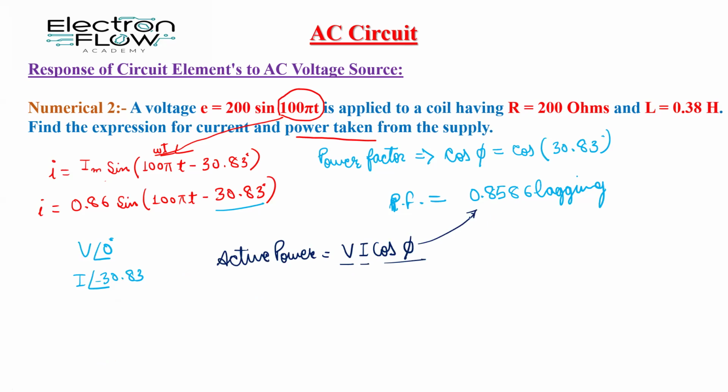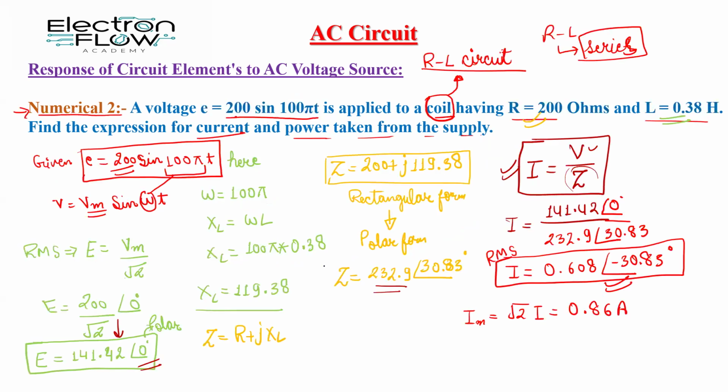The cos phi value is 0.8586, the voltage is 141.42, and the current is 0.608.